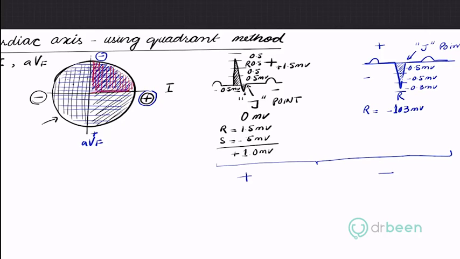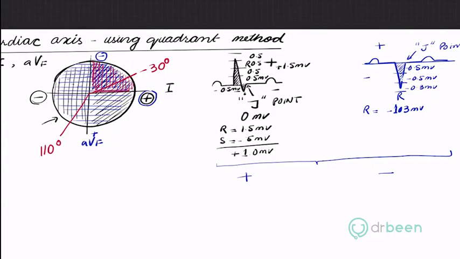Now I hope you also know that from minus 30 to plus 110, why am I saying millivolts? I should say degrees. So from minus 30 degrees to 110 degrees, everything is normal.